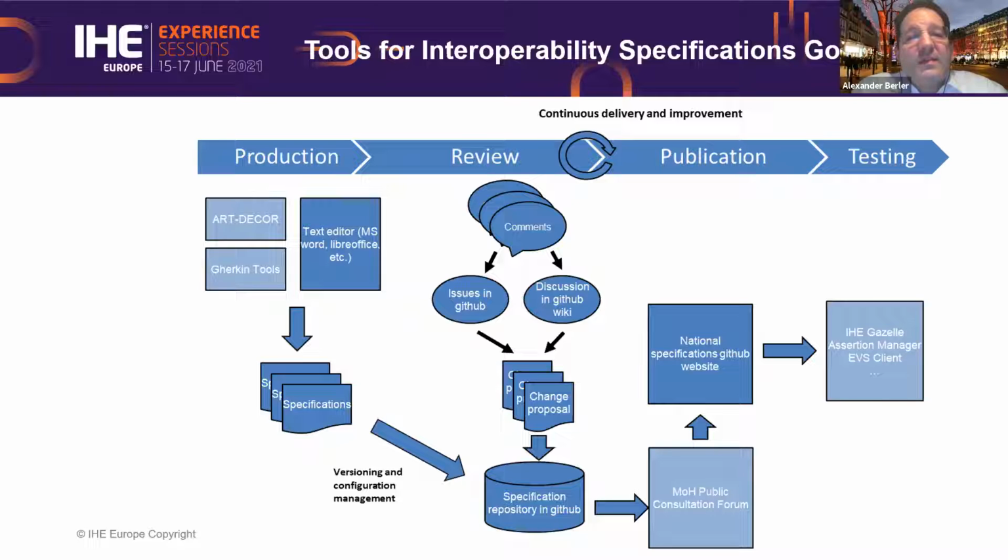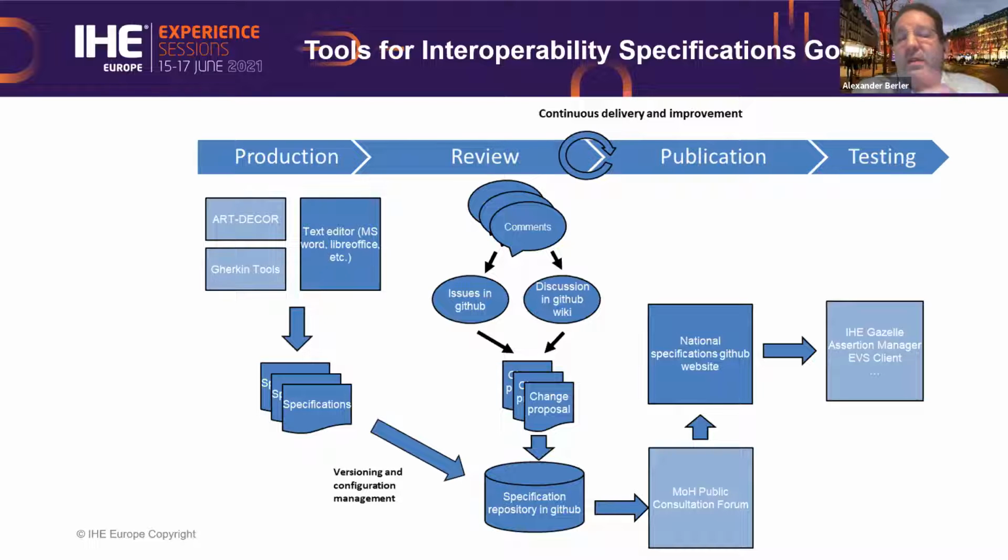So in that sense, from the production of the specifications, we are using several tools to create the specifications. Then, as IHE International is doing for the different domains, we also try to go the same way and start implementing those specifications with wikis and using GitHub.